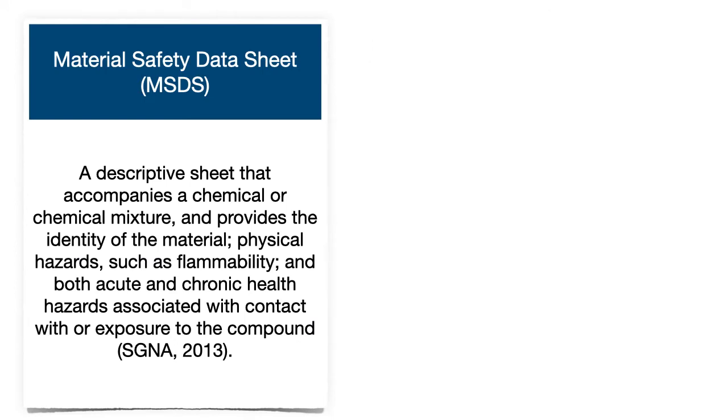Another important thing you need to know about is the material safety data sheet. This is a sheet that accompanies all the chemicals and identifies them and provides details about physical hazards, flammability, and also health hazards. That's one document you need to know in the endoscopy suite so that you know which agent is going to cause which problem.